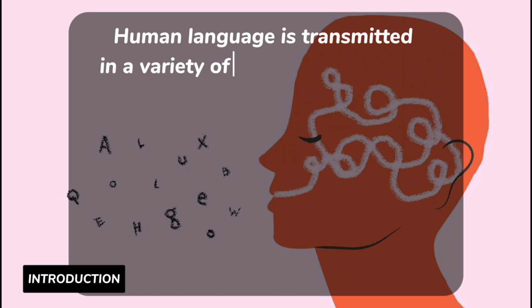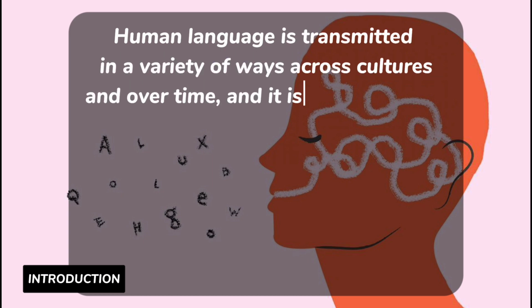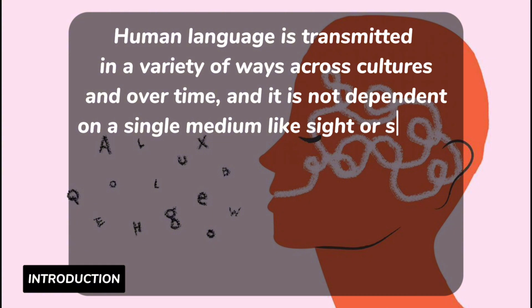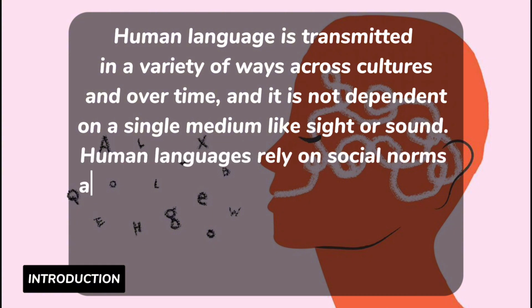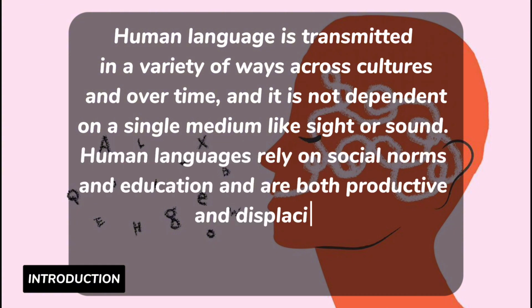Human language is transmitted in a variety of ways across cultures and over time, and it's not dependent on a single medium like sight or sound. Human language relies on social norms and education and is both productive and displacing.